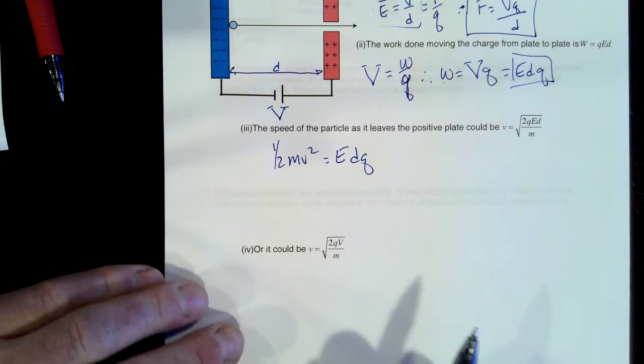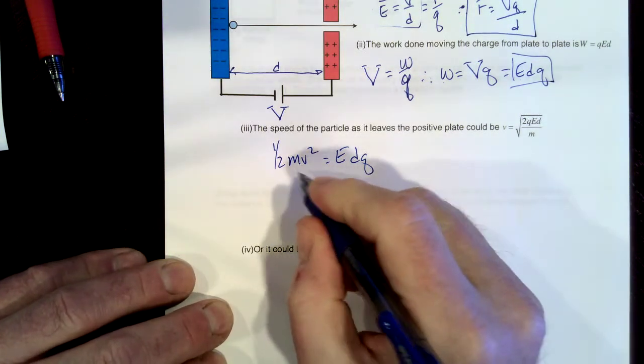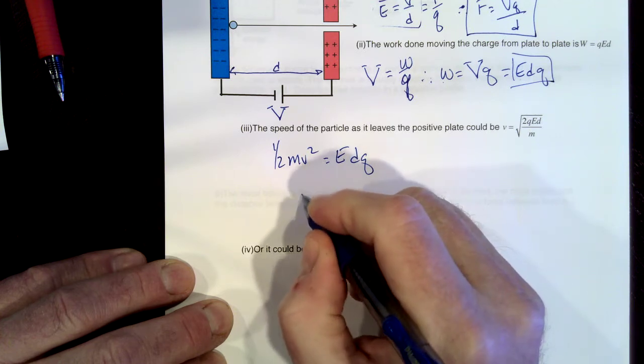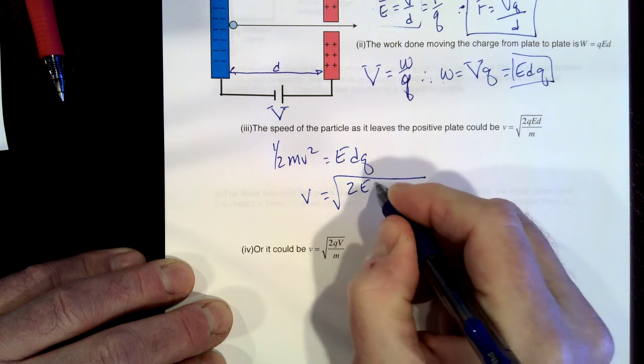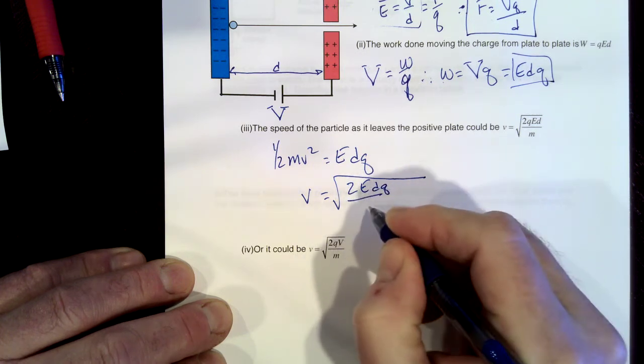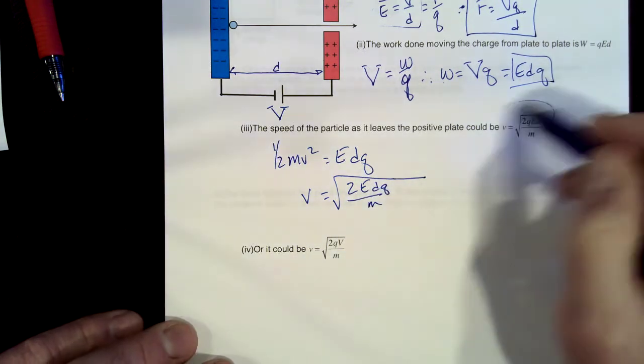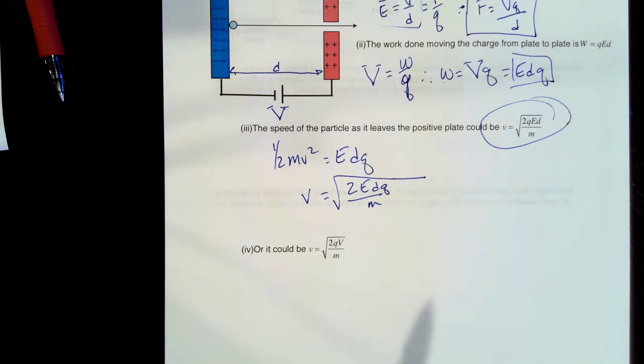And solve for v. Multiply by 2, divide by m, take the square root. v is going to be the square root of 2EDQ over m, and there we go.